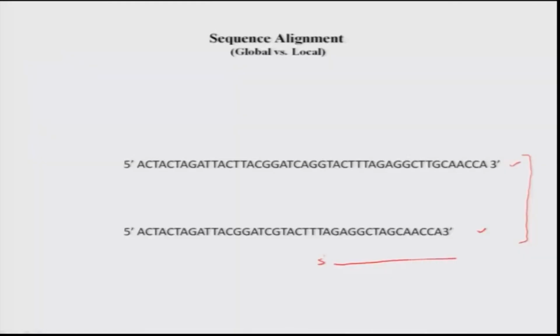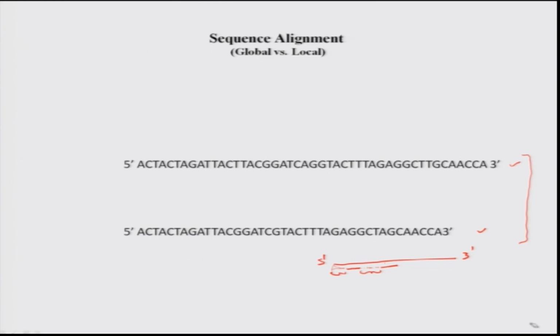For example, suppose this is one of the sequences, this is 5 prime, 3 prime, and then you have another sequence, so it aligns here, but then there are some mismatches, so you skip that and then again you align. So there would be a certain penalty for this, and then that penalty would increase at these regions. On the basis of these, the score is calculated, and that is also represented in our BLAST data.